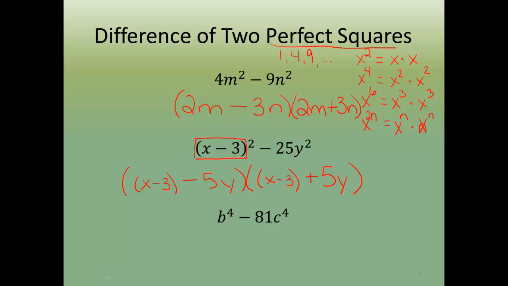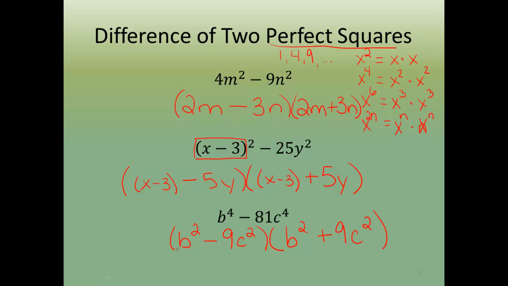Last example, here's one where we have the multiple powers. B to the fourth, its perfect square is b squared minus 9c squared, and b squared plus 9c squared.